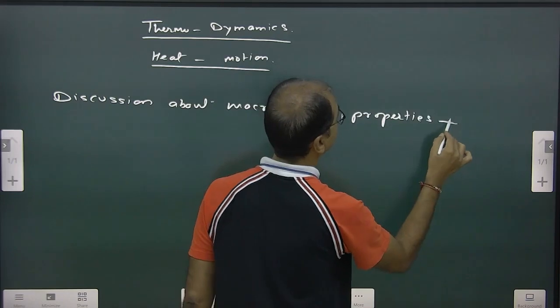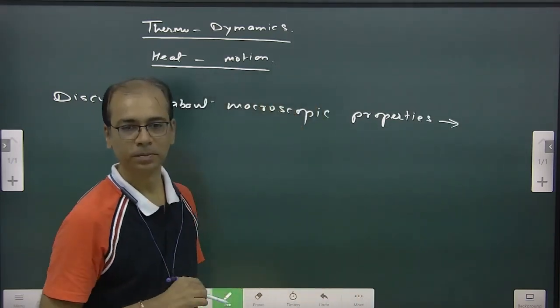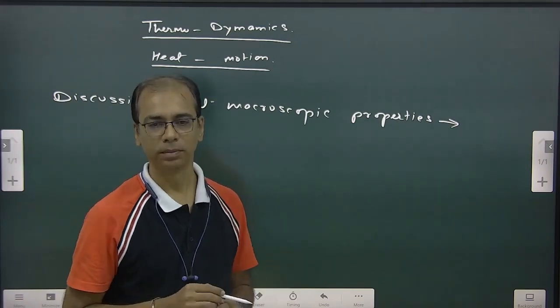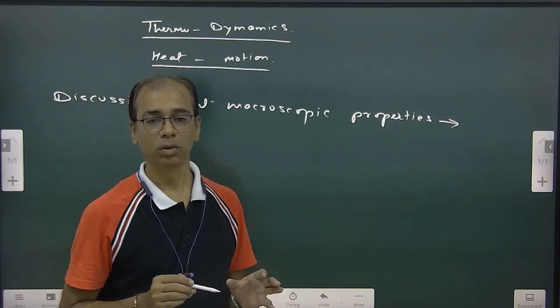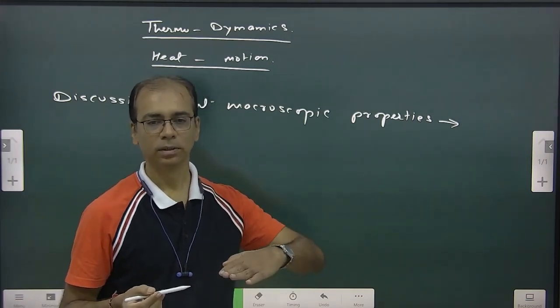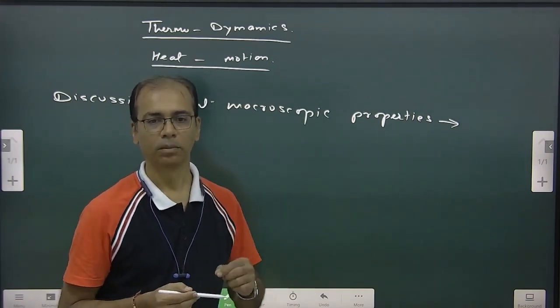The question is, what are macroscopic properties and what are microscopic? Microscopic means which are at molecular level. Macro means on the larger level, not at that small level like molecules.